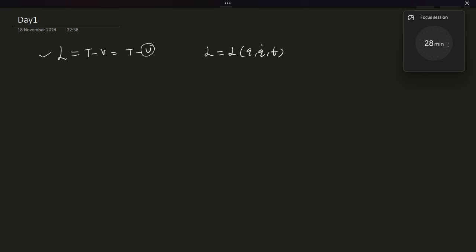You know this, right? And what is the equation of motion? This is d/dt of ∂L/∂q_i dot minus ∂L/∂q_i equals 0, where i can be 1 to n, and n is the total number of generalized coordinates or the total number of independent degrees of freedom.